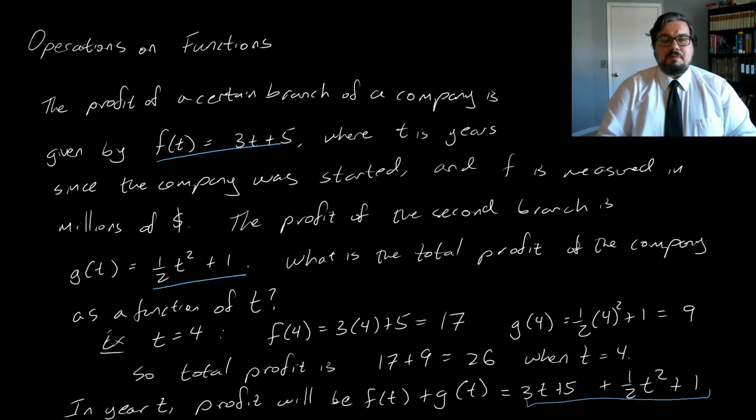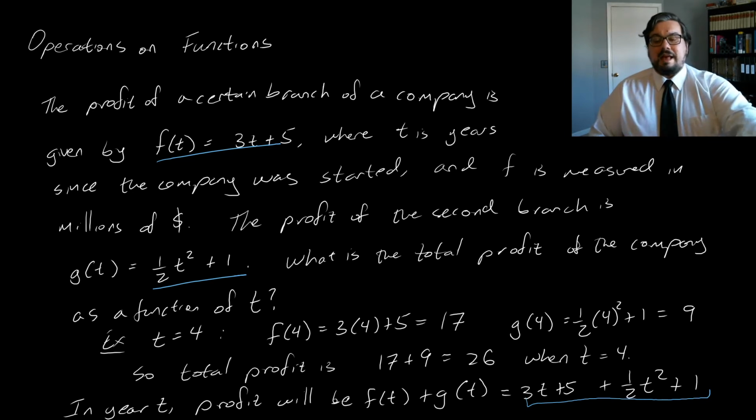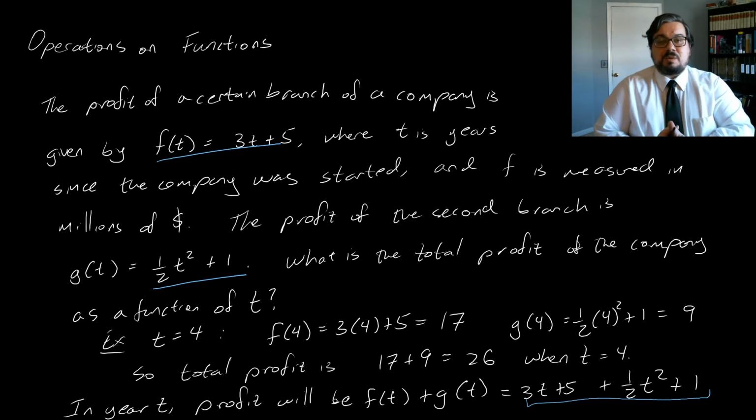But this is a formula that defines a perfectly good function. And this function that's defined by this formula is what we are going to define as the function that we get when we add f and g together. So we're defining operations here on functions, where we're going to add two functions together and get a new function out of it.